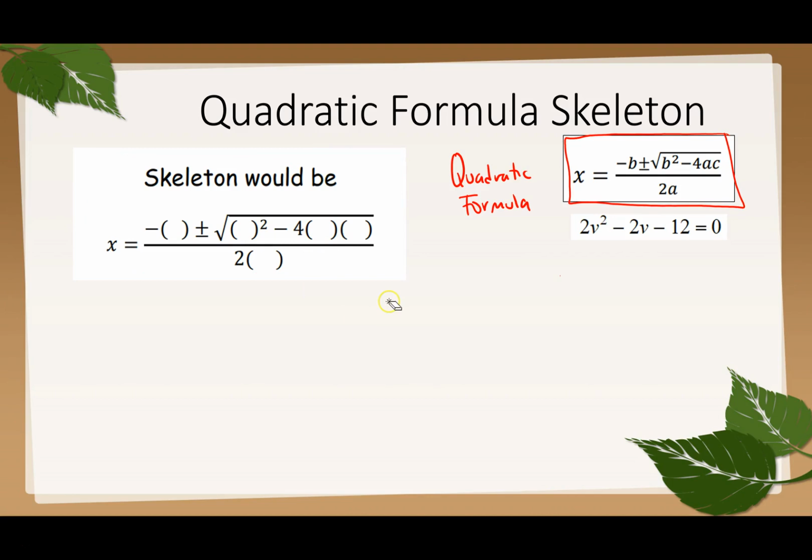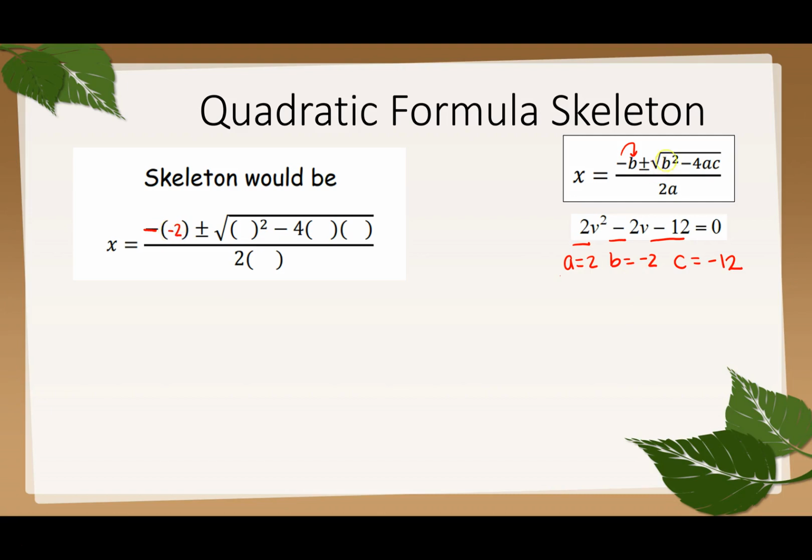All right, so now that you've gotten that down, I want you to look at this problem right here, and I want you to label that your A is equal to 2, your B is equal to -2, and your C is equal to -12. And so now we're just going to plug right into the skeleton. This says to do the opposite of B, so I've got my opposite, and my B is going to be a -2.